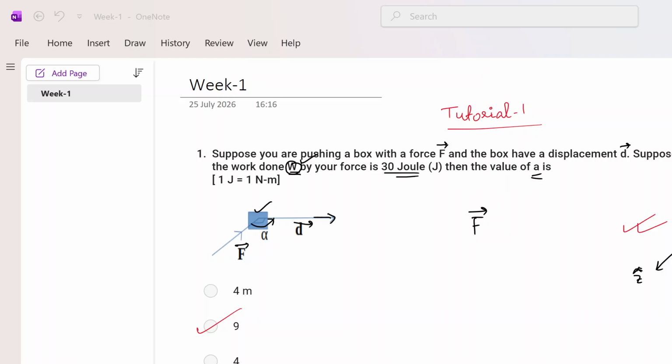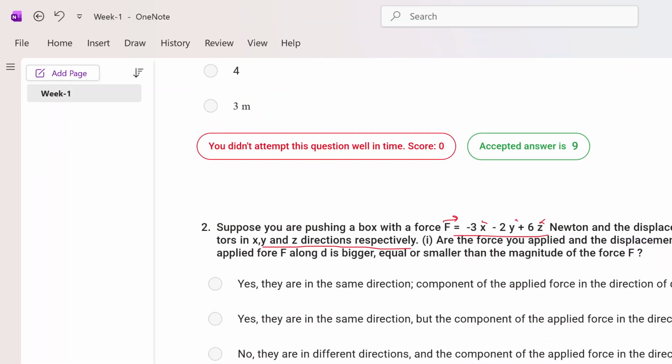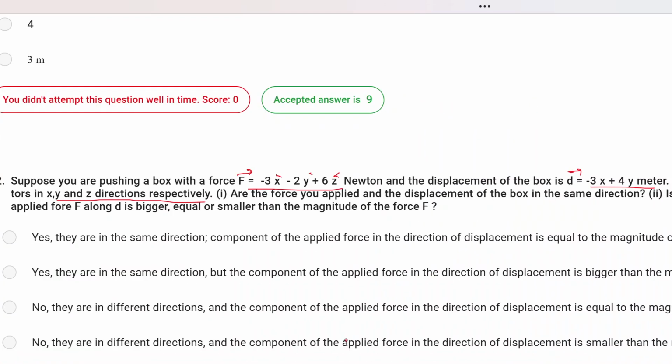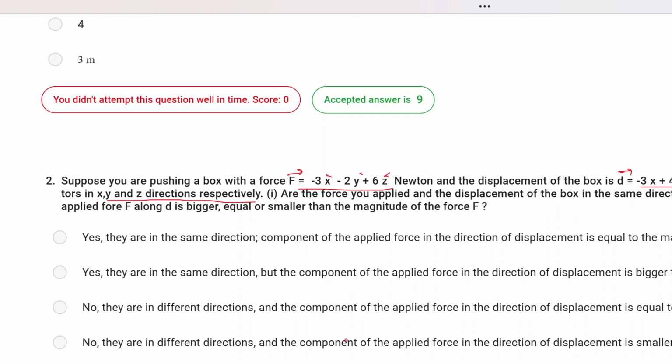Okay, so we are kind of in the middle of the assignment and we are right now discussing question number 2. Now, f and d vectors are given to you. The question being asked in number 1 is whether the force you applied and the displacement of the box are in the same direction.